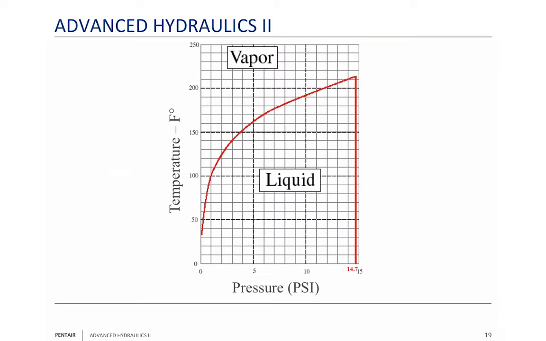Go from that point over to the left-hand side, and my guess is 212 degrees. Now remember, in Denver, I only have about 12 pounds of pressure, which means I can boil water a little over 200 degrees. And then think about what happens when I get down to 1/2 pound of pressure. I can boil water at almost 70 degrees.